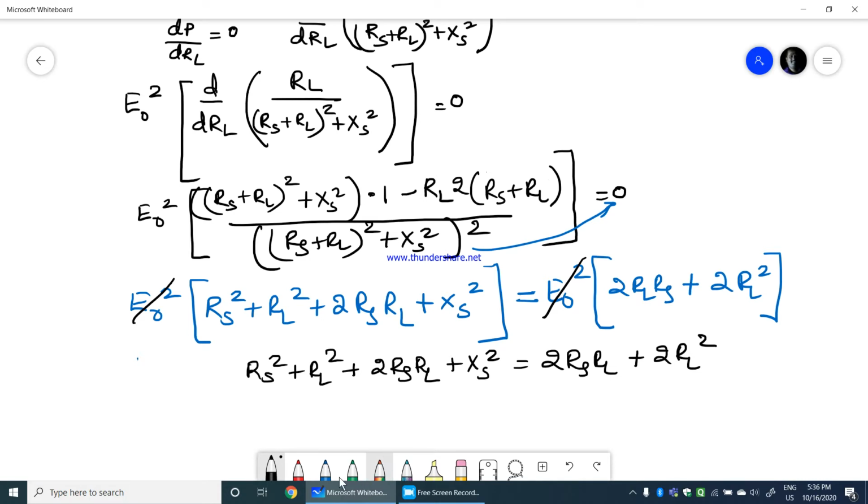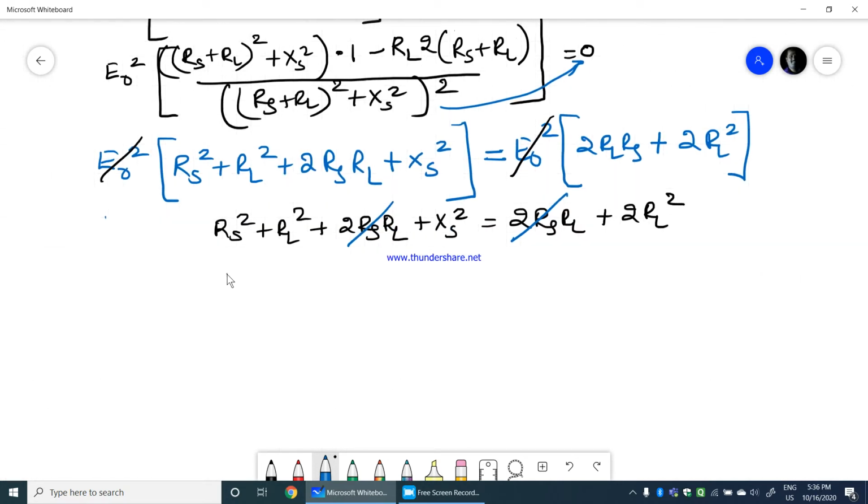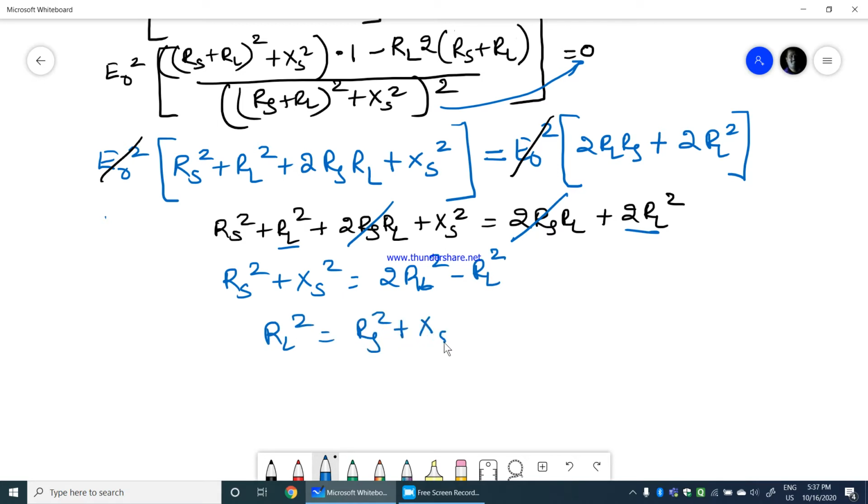Now again, you see 2 RS RL and 2 RS RL will get cancelled. Therefore, RS square plus XS square equals 2 RL square minus RL square. So therefore, RL square would be equal to RS square plus XS square.